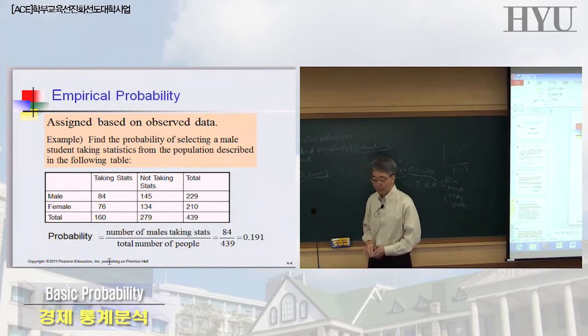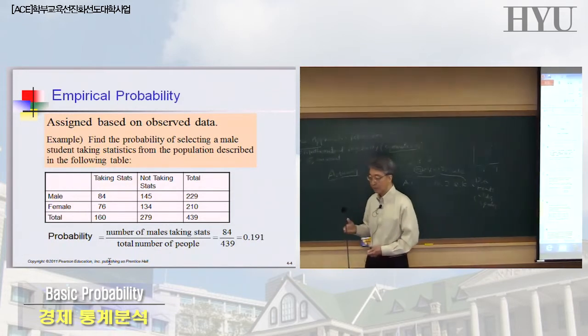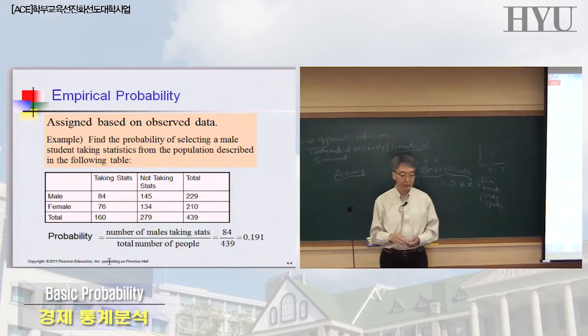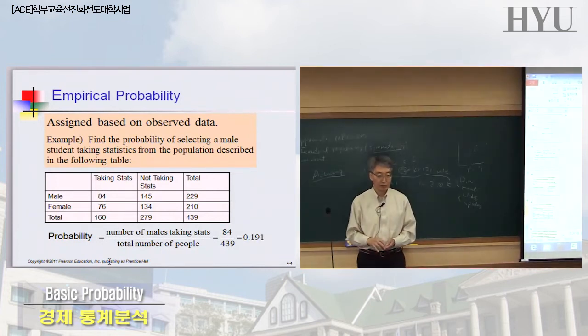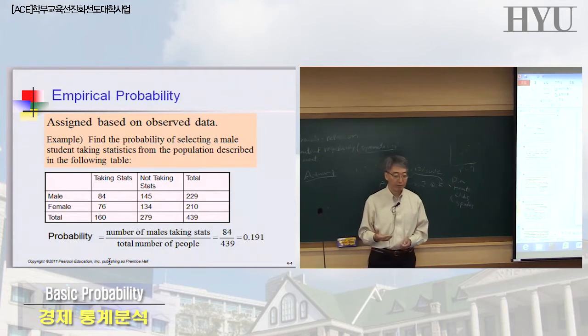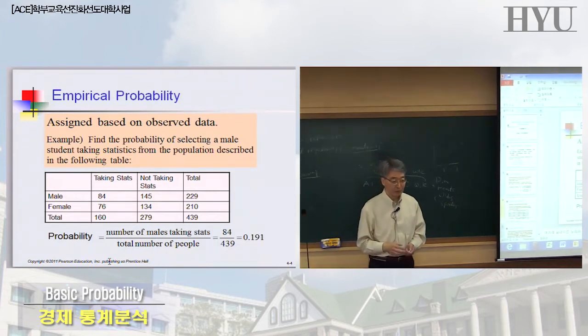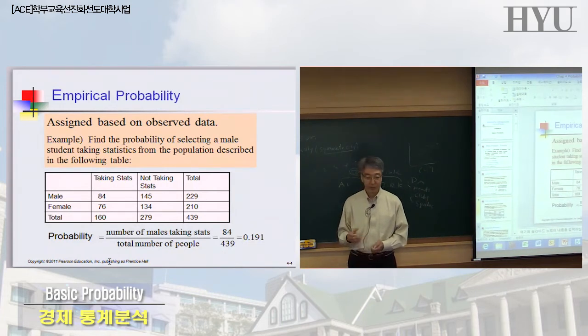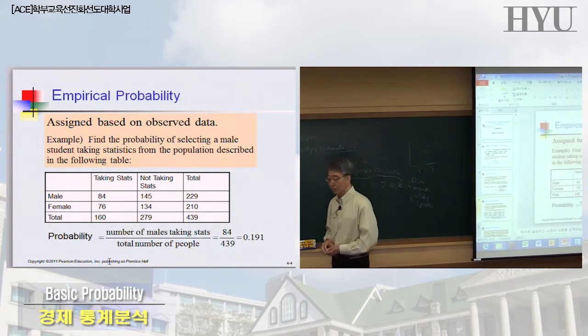So let's say we're talking about fire insurance. If you buy your house and get it insured by a company, then you get a bill for the premium. Say you need to pay $300 per year. How did they come up with this $300 per year? Or if you buy a car, you get automobile insurance.